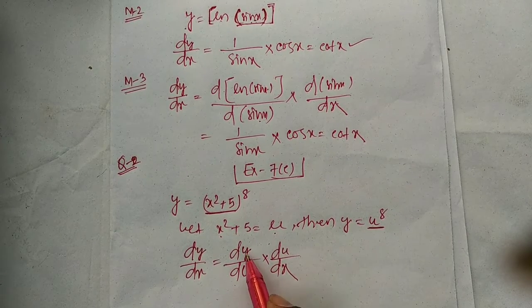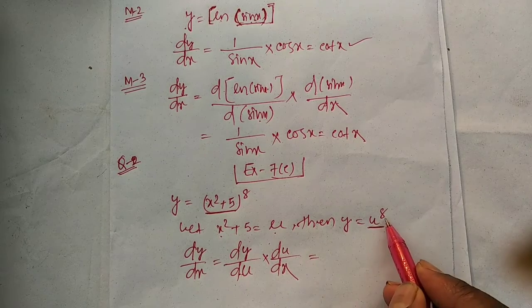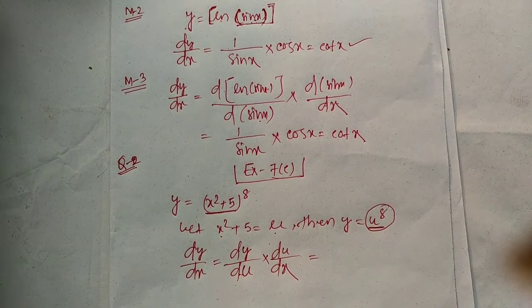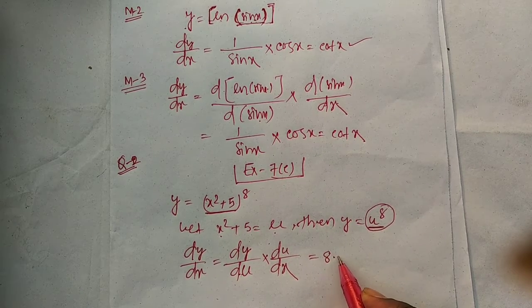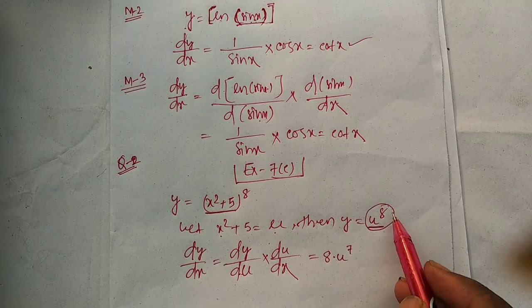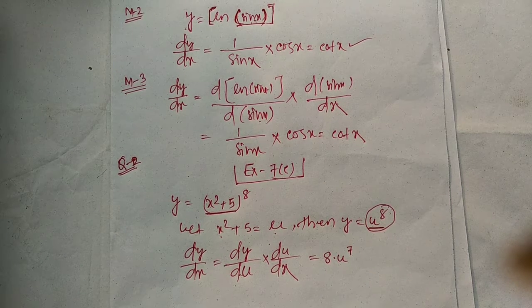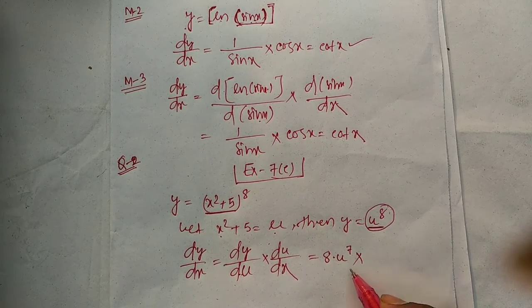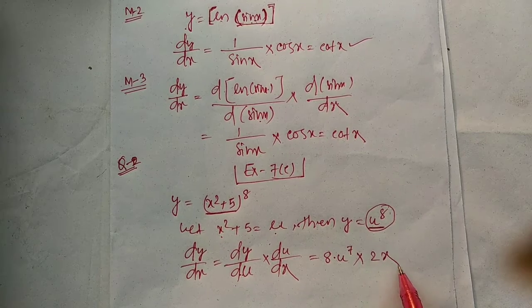How much will be dy by du? Just differentiate u to the power 8 with respect to u: 8 into u to the power 7. As I have told, the power comes to the left and decreases by 1 in the power, into du by dx, which is nothing but 2x.